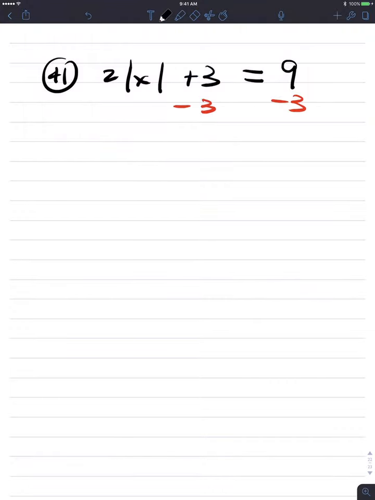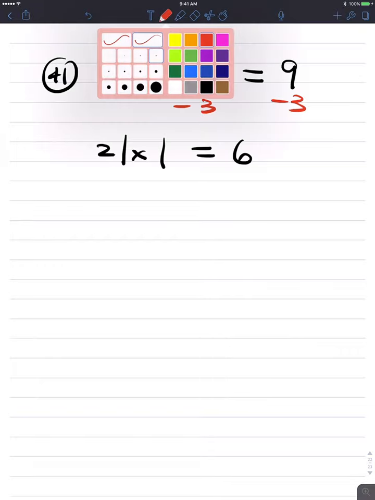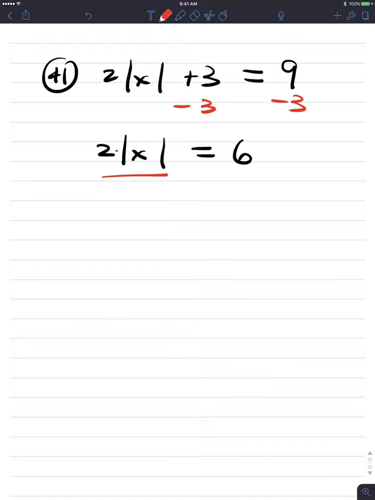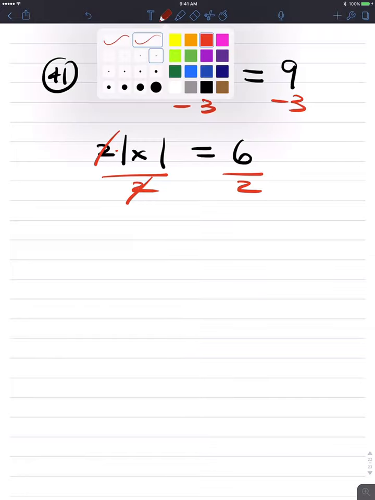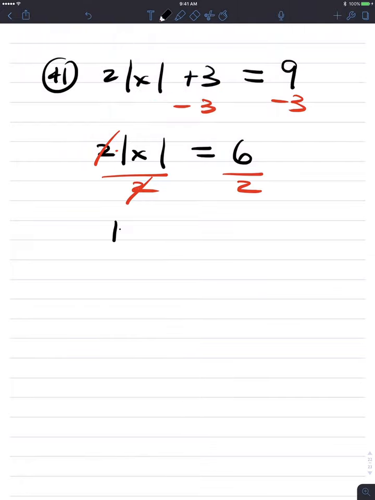And you get 2 times the absolute value of x is 9 minus 3, which is 6. We haven't solved for the absolute value yet. We're going to have to divide both sides by 2, so I get cancellation by 2 on the left here. And now we have the absolute value of x equals 6 divided by 2, which is 3.